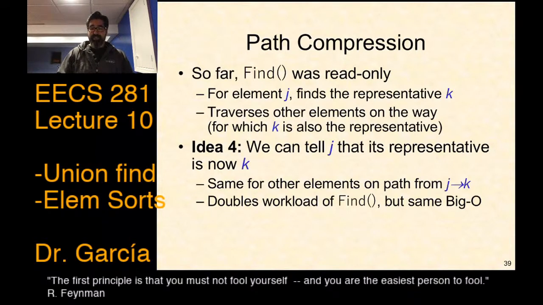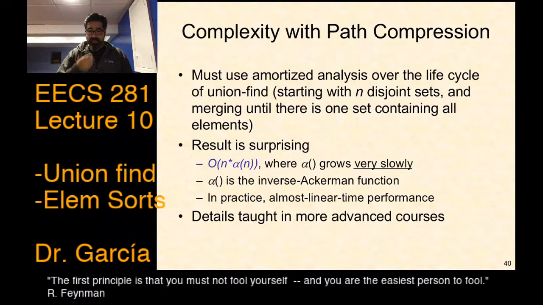But if you understand amortized complexity, then it's interesting to see, right? So again, we're basically going to amortize any of the union find steps. We're going to amortize over the lifetime of those operations.